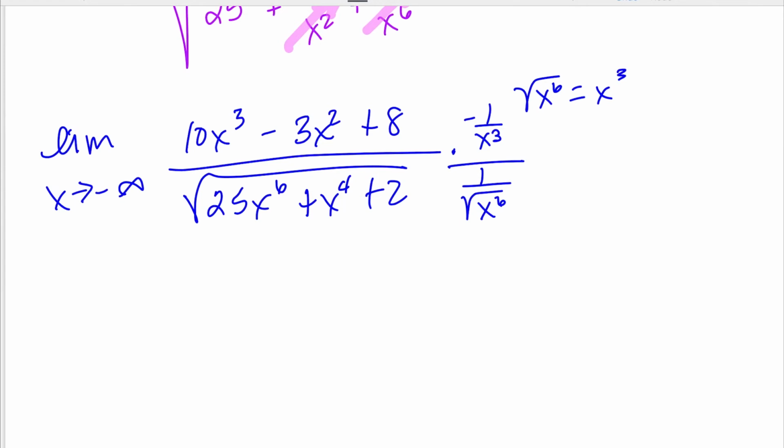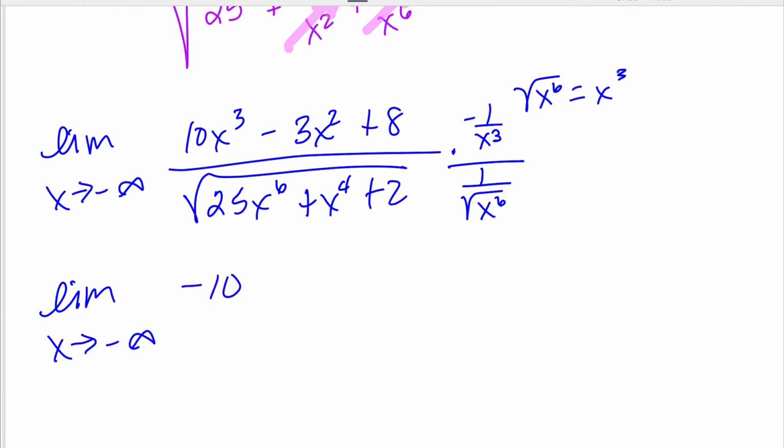When I go to negative infinity here, I have that negative x cubed with that odd exponent, and then I have that x to the 6th, because it's an even exponent. Okay, so you've got to watch those positives and negatives. They make a real impact.